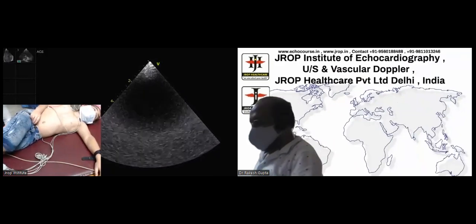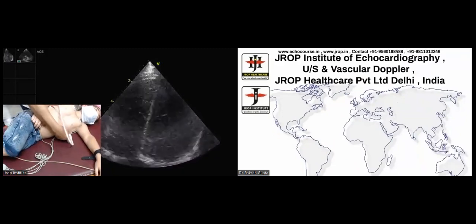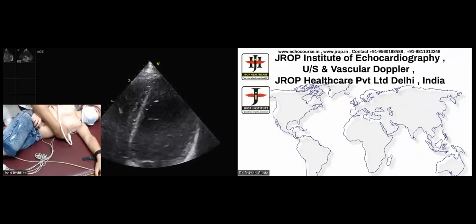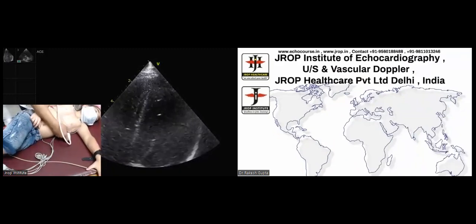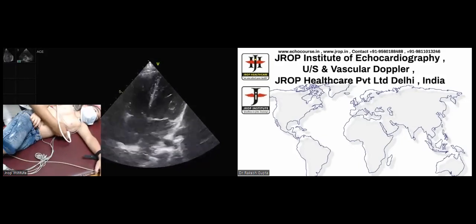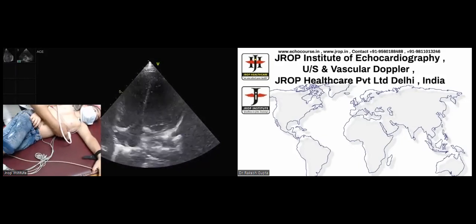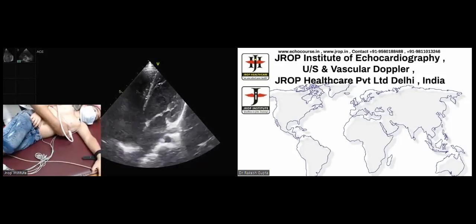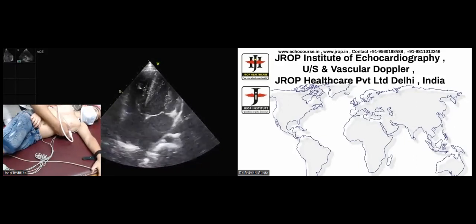So what exactly did we learn? We learned with the situs solitus and D loop. I'll come back to D loop once again because I missed it a few minutes back.